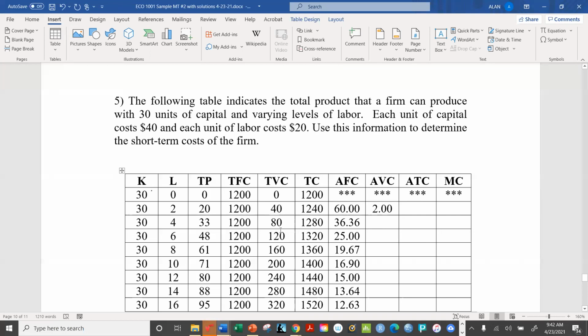Then this one is 80 over 33, which is 2.42. And then we have 120 over 48, which is 2.5. And so I'll just fill in the rest of them.